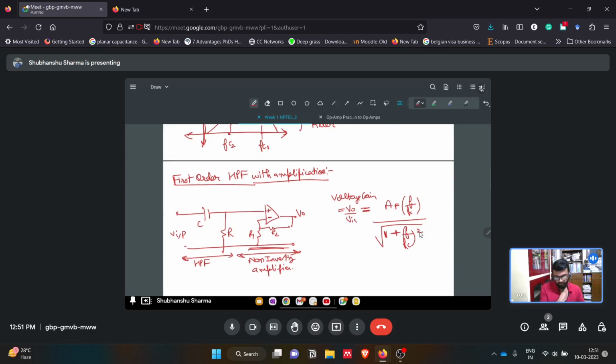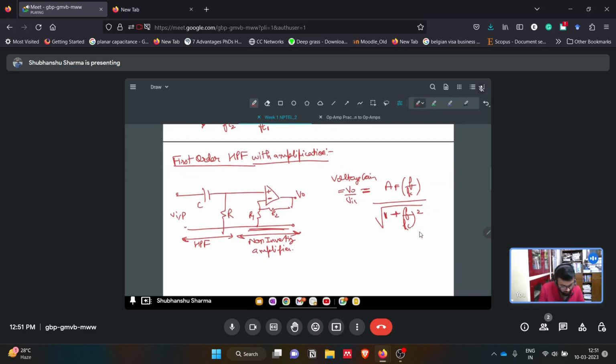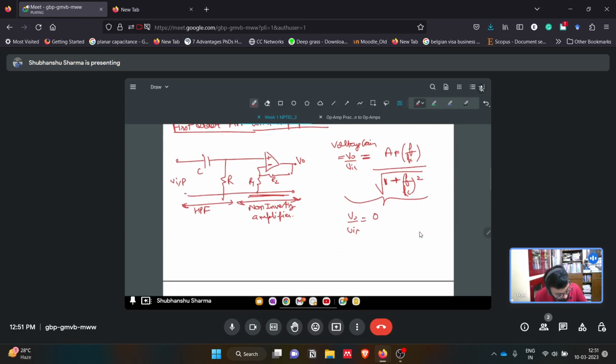If we analyze this expression, for f equals 0, that is low frequency, V naught by V in becomes 0 because the numerator becomes 0.